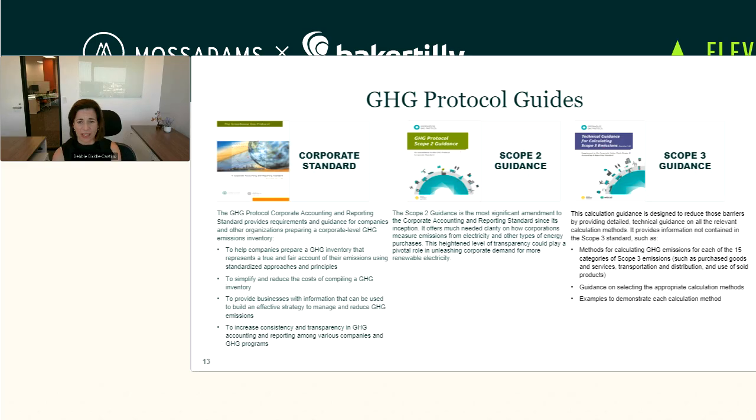It goes deeper into how to calculate emissions across those 15 categories that I mentioned, with detailed methods for each category, help with choosing the right calculation approach, and examples to walk through common calculations. So these guides are going to be essential for understanding and applying the greenhouse gas accounting protocol as you're looking to comply with SB 253.